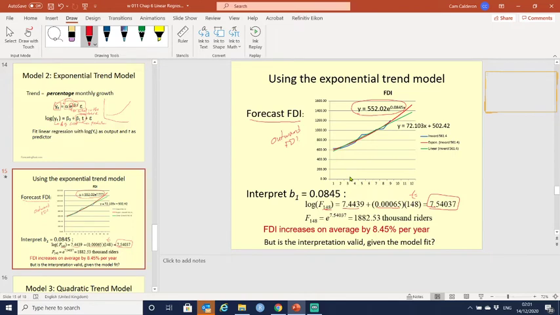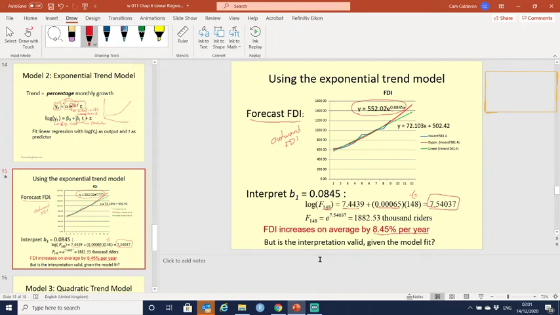And for FDI, with the beta coefficient of 0.08, FDI increases on average 8.45% per year. So that is what this exponential means.